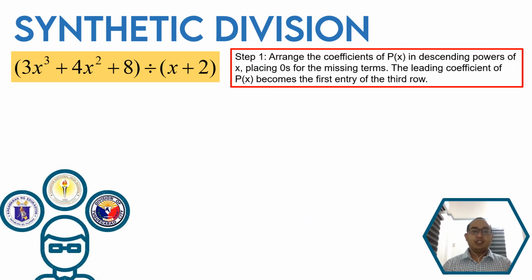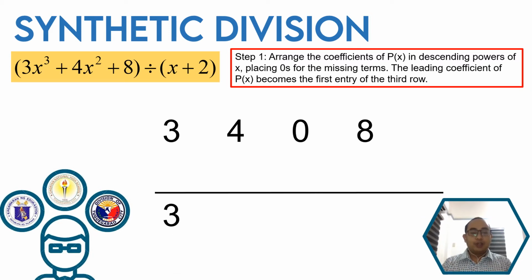So the first thing that we will have to do is to arrange the coefficients of the dividend p of x in descending powers of x, placing zeros for the missing terms. So we have 3, 4, 0, that's the missing term, that's a linear term, and 8 is the constant term. Now, the leading coefficient, which is 3, becomes now the first entry of the third row. So we have it there.